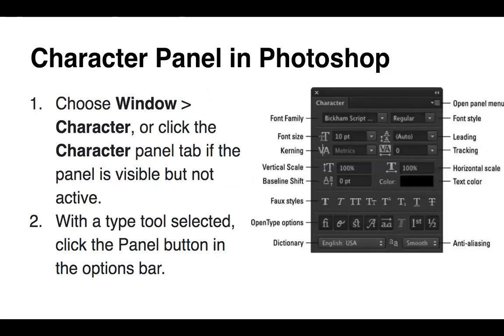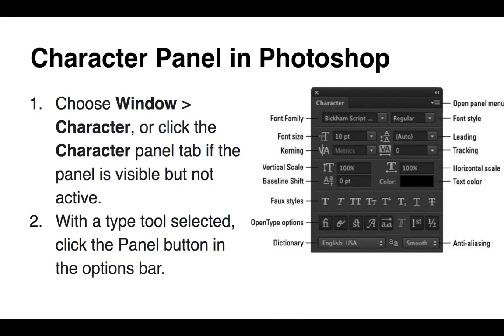Okay, so just a quick overview on what we're going to be using today. We're going to be using the character panel in Photoshop. And I know you guys are going to need a little refresher, so don't worry if you forget the layout and everything. I'm going to go over it again. But just so you know exactly what I'm going to be working on, it's going to be the window, the panel, the character panel.